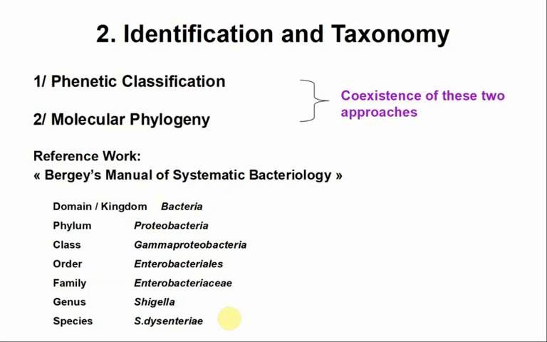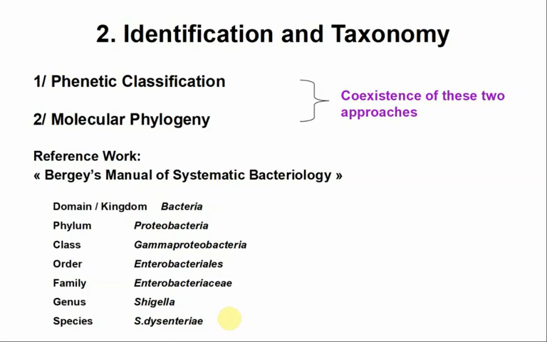So for example, Shigella dysenteriae, that's the species name. Just like for any other species, the first name in the binomial is the genus, and then several genera. It's in the family Enterobacteriaceae, order Enterobacteriales, Gammaproteobacteria, Proteobacteria, Bacteria.